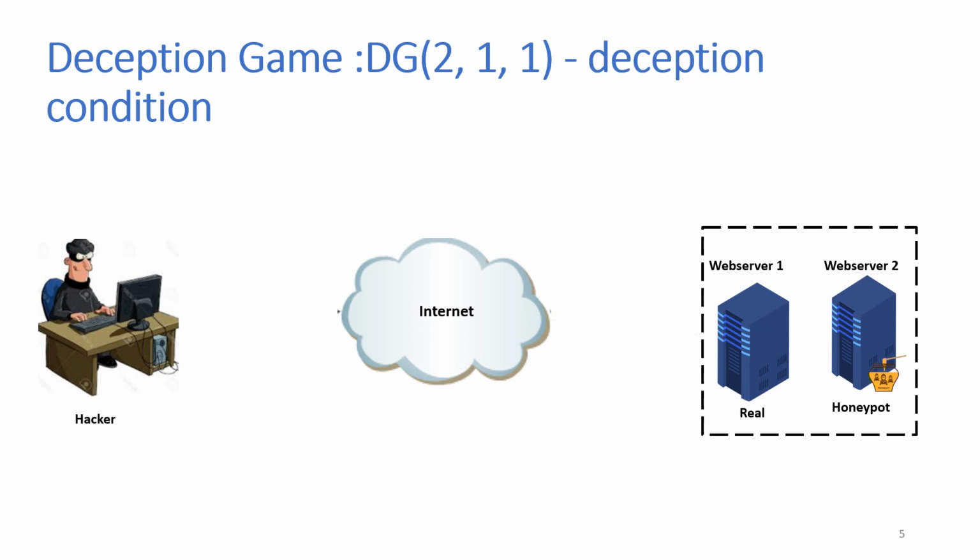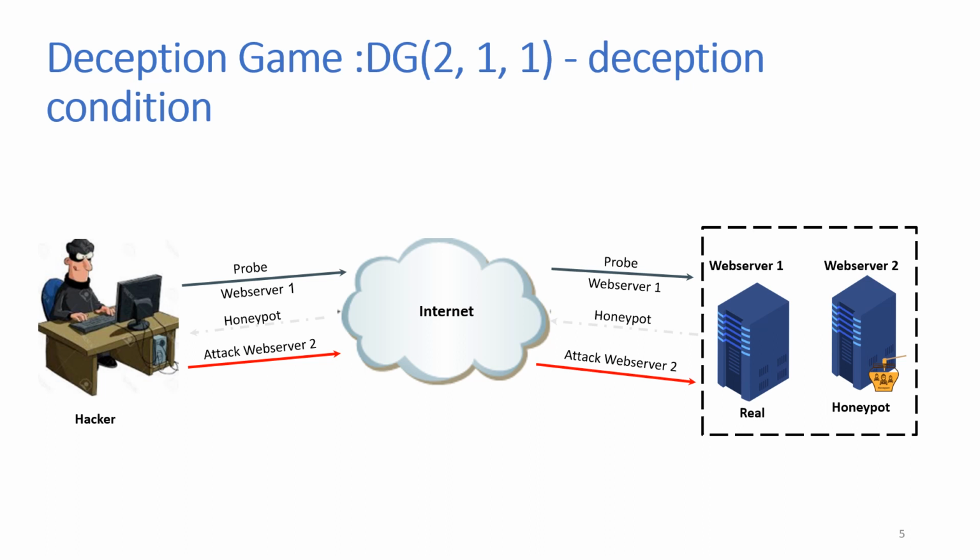However, in the deception condition, when the adversary probes any of the web servers, he gets the opposite of what the web server is. Like here, on probing web server 1, he gets the response as honeypot. However, web server 1 happens to be the real web server. So based on this, the attacker decides to go for web server 2, which happens to be the honeypot.